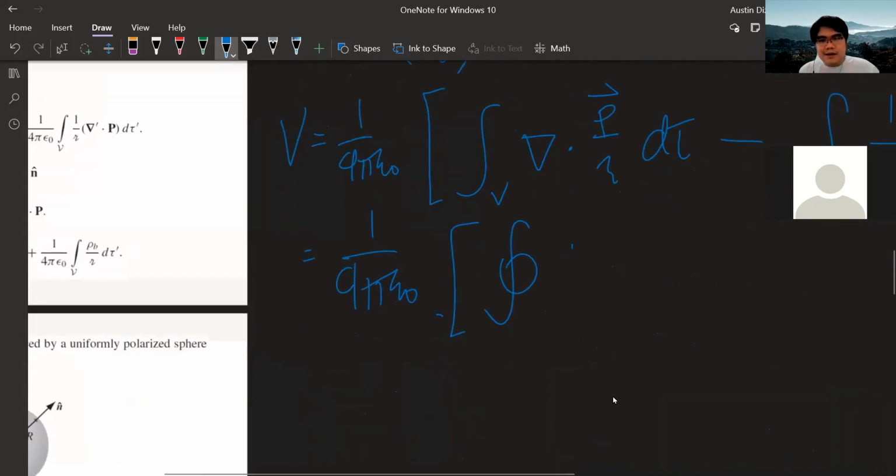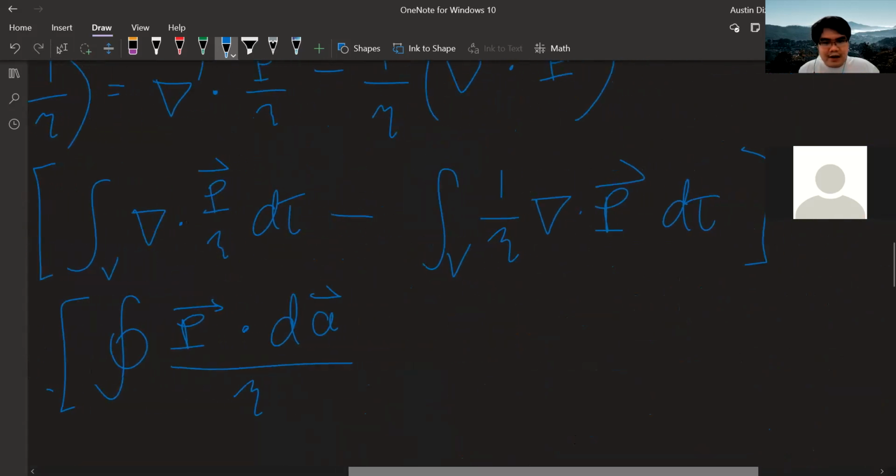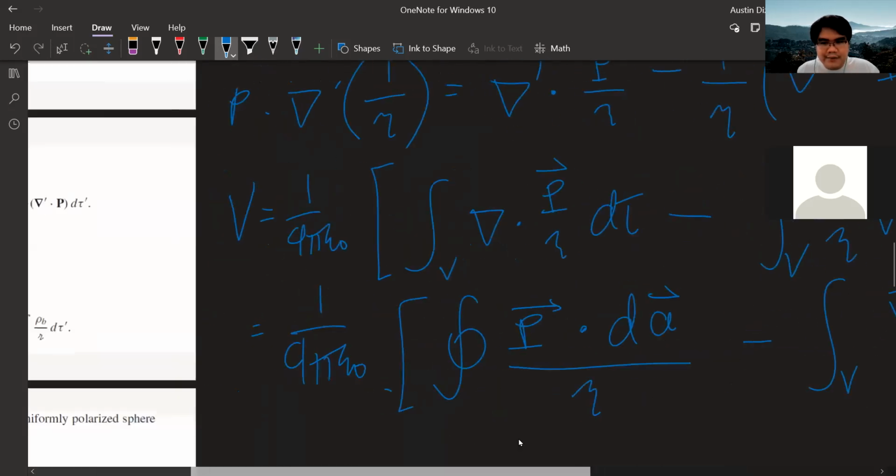So P, capital P, dotted with dA. Okay? Over R. The other term is, wala lang, ganun pa rin siya. Del dotted P over R d tau. Okay? Fairly simple.